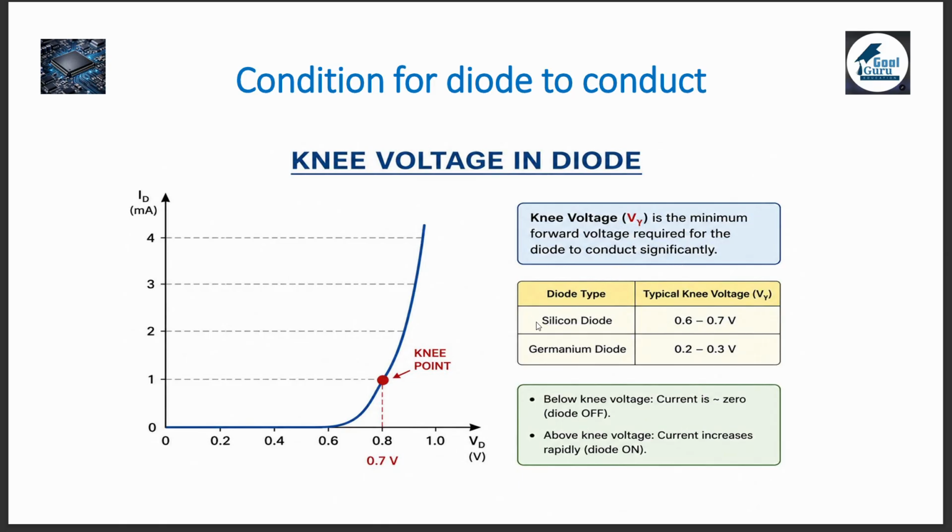The knee voltage in case of silicon is 0.7 volt and in case of germanium it is 0.3 volts.